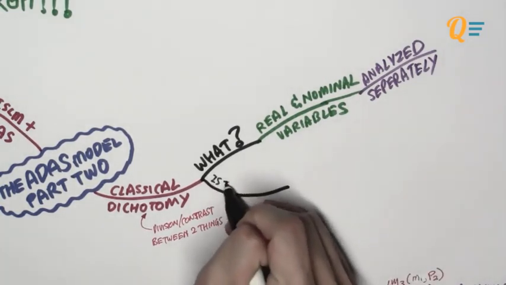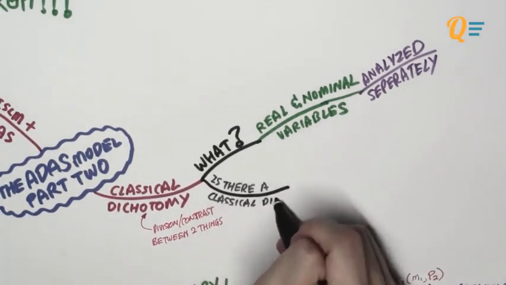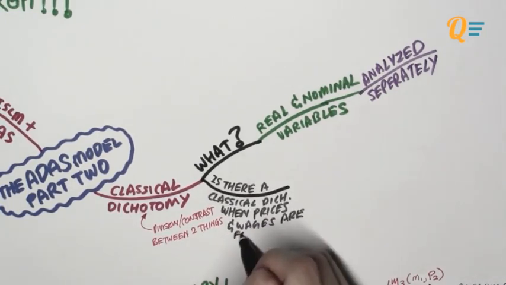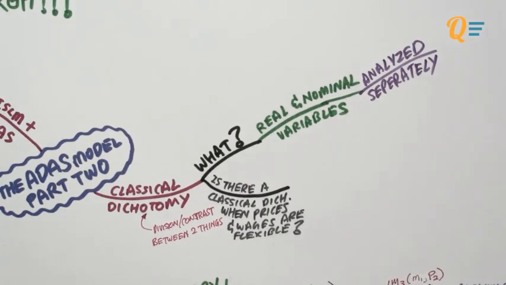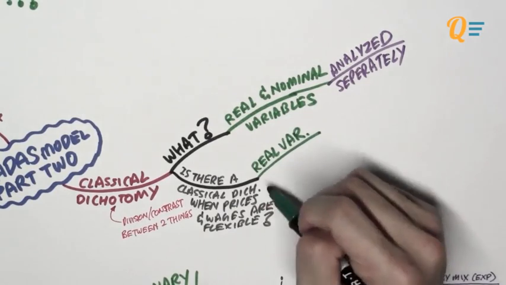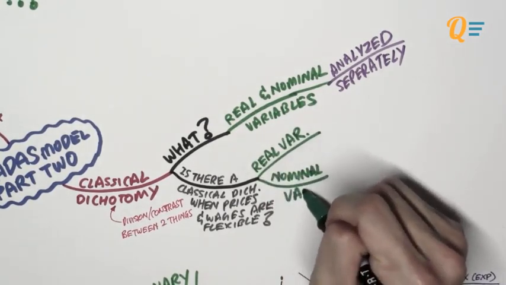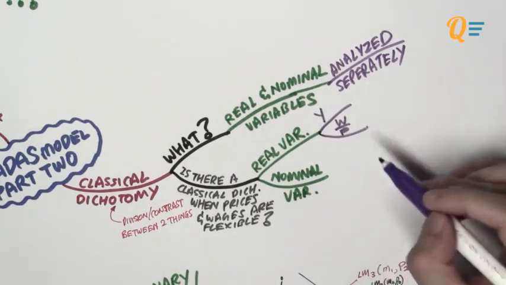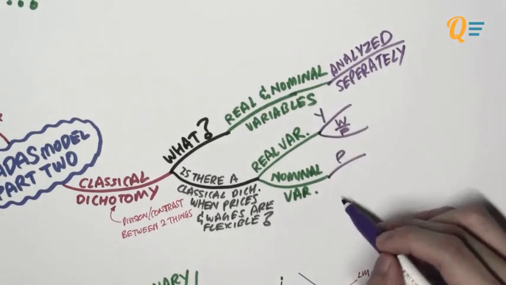So a common question that you might be asked is, is there a classical dichotomy when prices and wages are flexible? What you can do is list down all the real variables and list down all the nominal variables to see whether any of them has changed. Okay, so real variables would be income and your real wages.